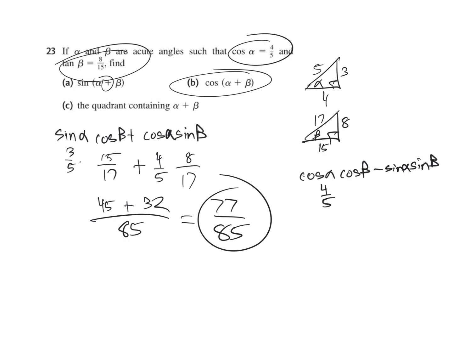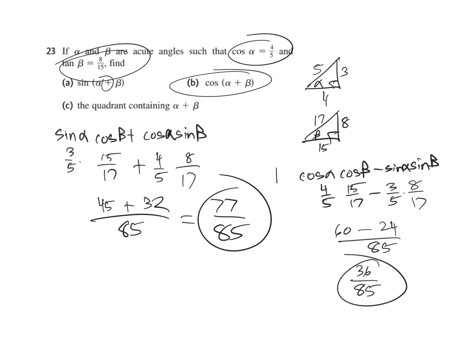Cosine of beta is 15/17. Sine of alpha is 3/5. Sine of beta is 8/17. Okay, so that's 60 minus 24 all over 85. 60 minus 24 is 36 over 85.